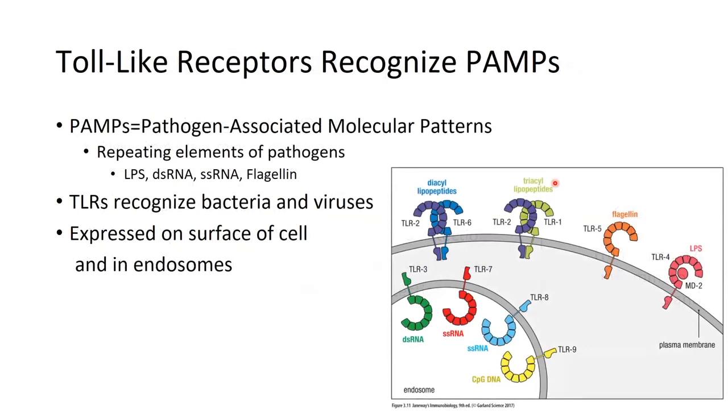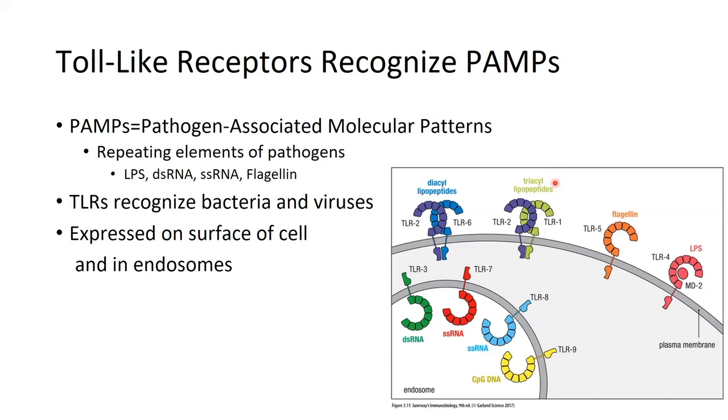Okay. So toll-like receptors, or TLRs for short, recognize PAMPs, pathogen-associated molecular patterns. These are things that pathogens have that our body doesn't have. So things like LPS, lipopolysaccharides, found on the surface of many bacteria, but not made by the human body. Non-methylated double-stranded DNA.